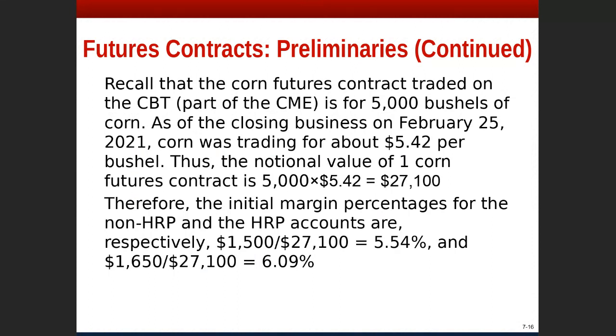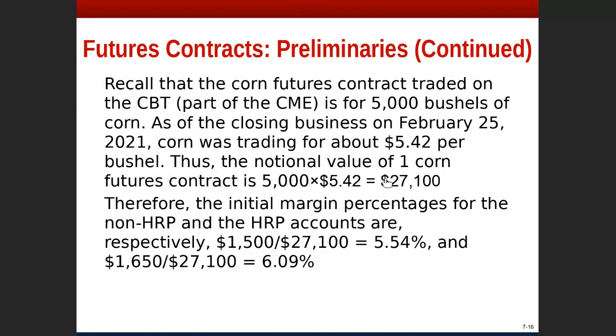Now, recall that the corn futures contract traded on the Chicago Board of Trade, I was showing you this earlier, is for 5,000 bushels of corn. As of the close of business on February 25th, 2021, corn was trading for about $5.42 per bushel.